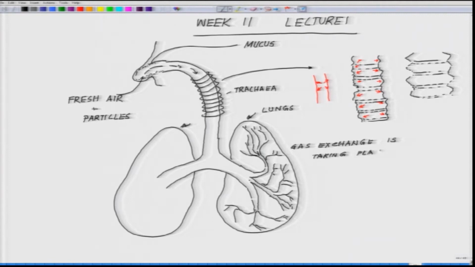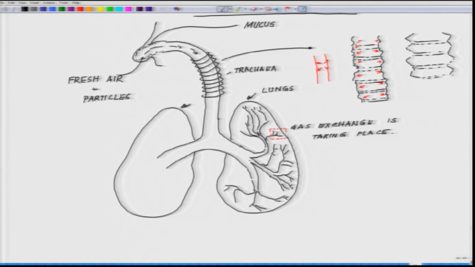Okay. Having shown this, now we will go to the finer details of this part, how this area looks. Interestingly, if you zoom in onto this area, it will be more like this kind of structure, which otherwise you won't be able to see.